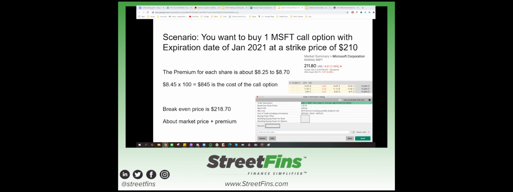And so the premium for this would be about $8.45 per share. So that's times 100, it's $845 total for this call option. And then your break-even price is $218.70. And that's the price that you would have to cross if you want to make a profit.